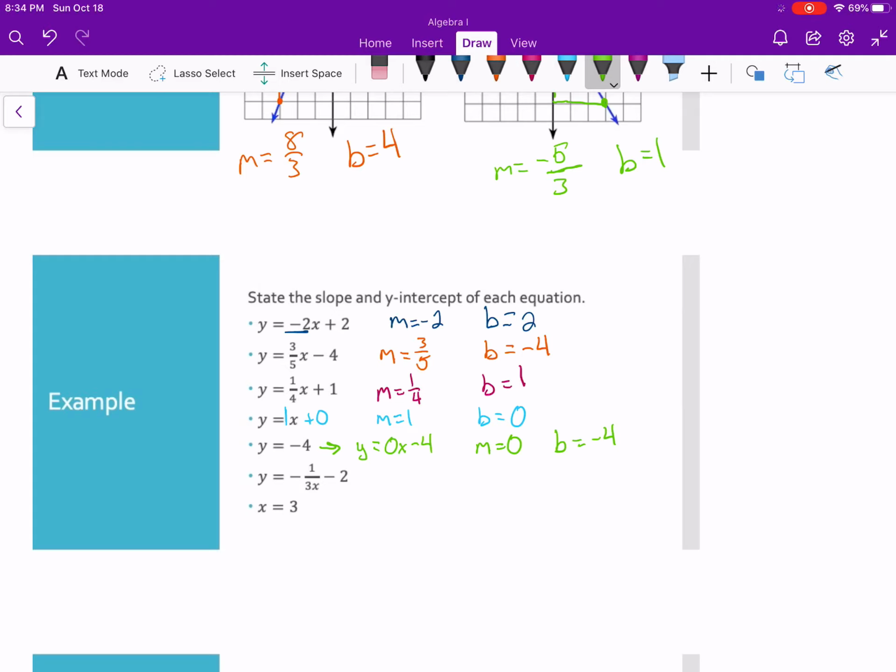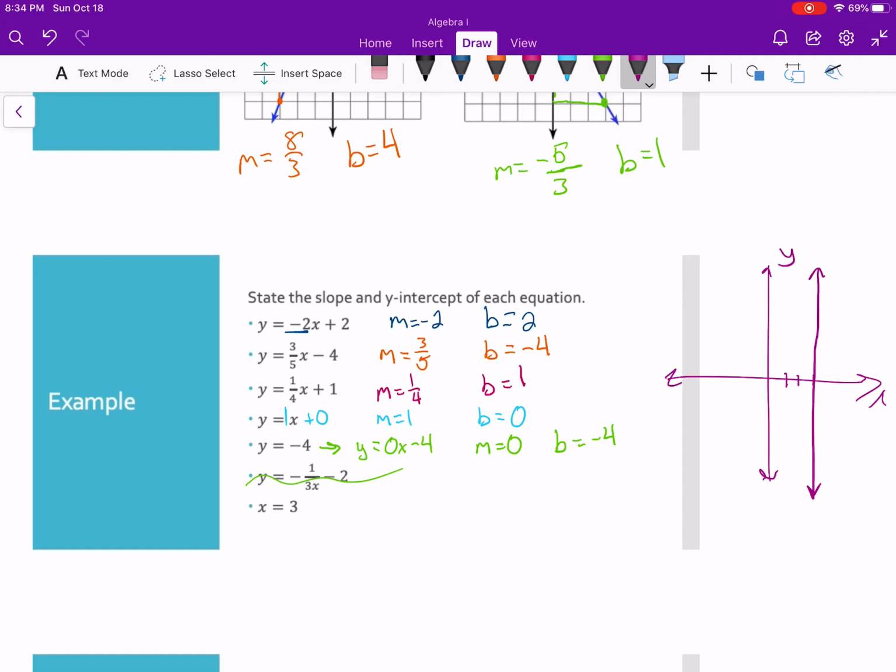We're going to skip this one and look at the next one. X equals 3. So let's think back about when we talked about slopes. If we graphed x equals 3, here's our x-axis and our y-axis. X equals 3 is the vertical line here at 3.